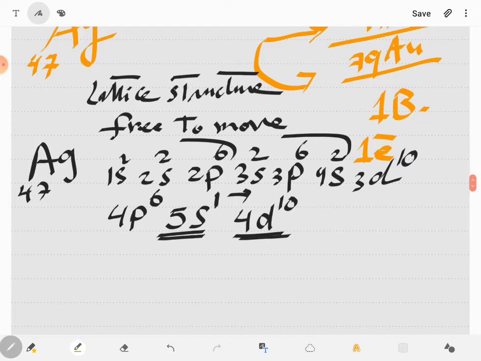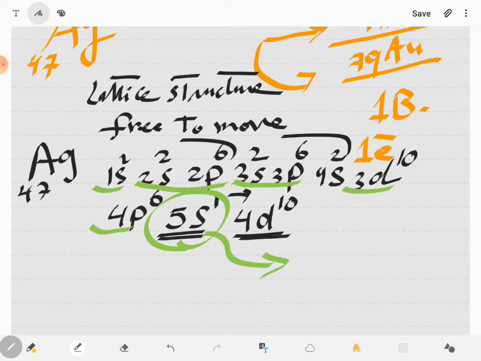This 5s1. See how many completely filled shells there are? Complete, complete, and complete. Imagine too much screening.